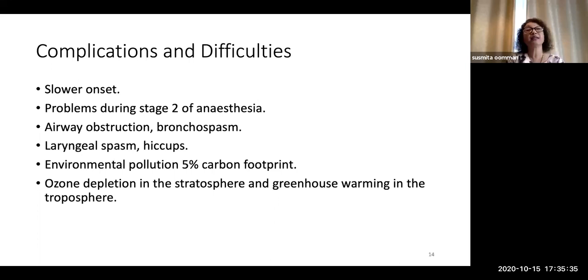But it can add on, and it is cumulative. And as you can see, it can cause ozone depletion in the stratosphere and greenhouse warming in the troposphere, which is not good for the earth.